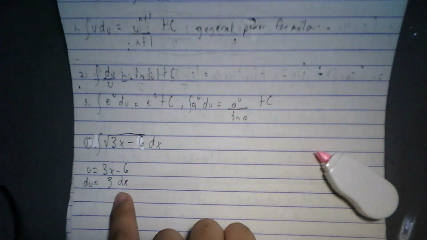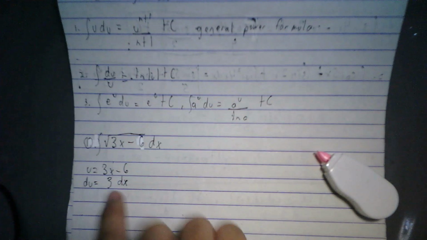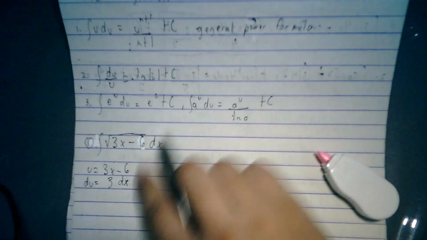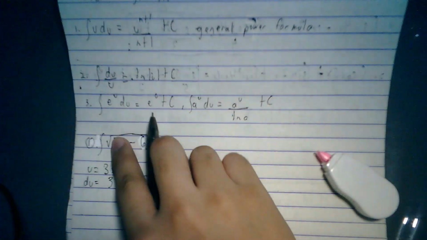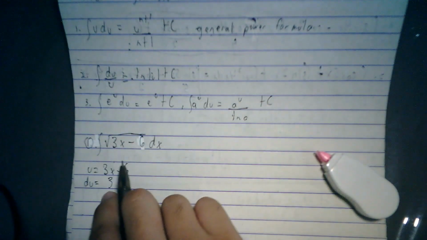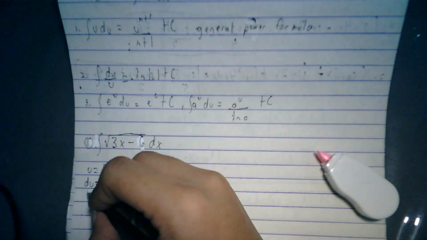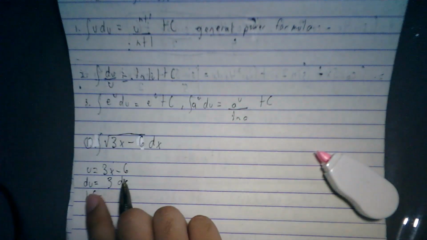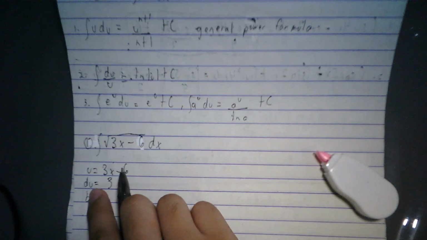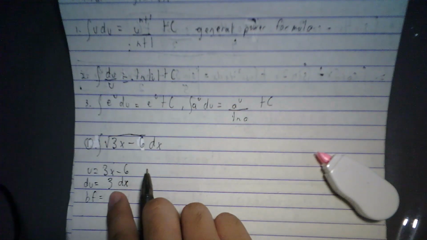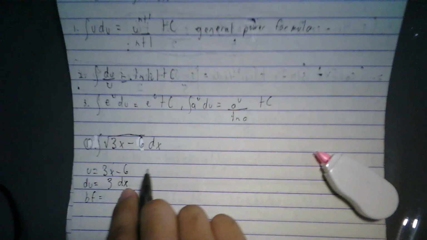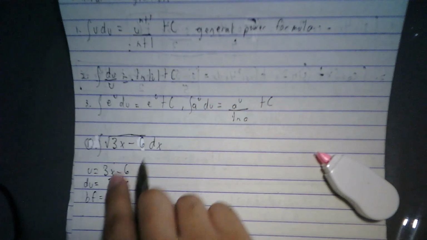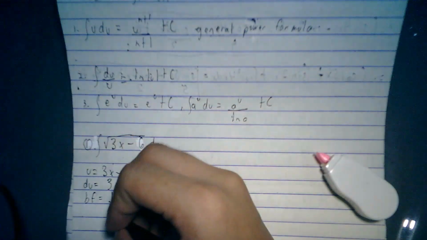But we have an excess here, so let's call that the balancing factor, or BF. If your du has a whole number, just take the reciprocal, that will become 1/3.